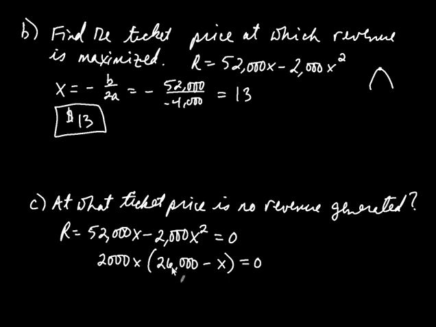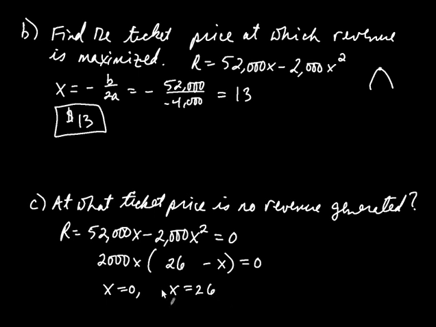This isn't going to be 26,000, it's just going to be 26. So when I factor a 2,000x out from this, I get a 26. Okay, so when you set these equal to 0, the first option is 2000x is equal to 0, and that's when x is 0. And then the other one is when x is equal to 26.